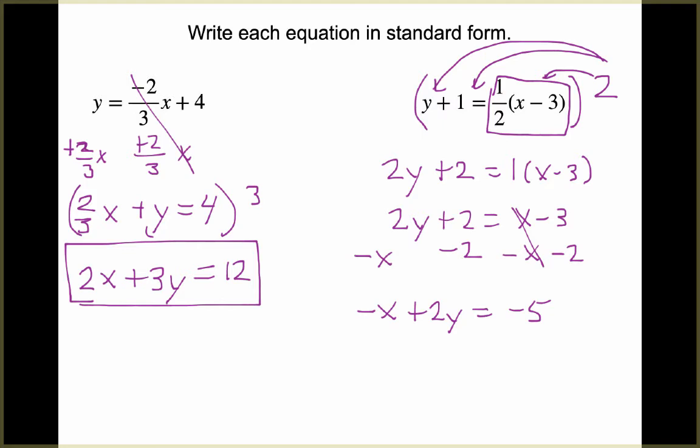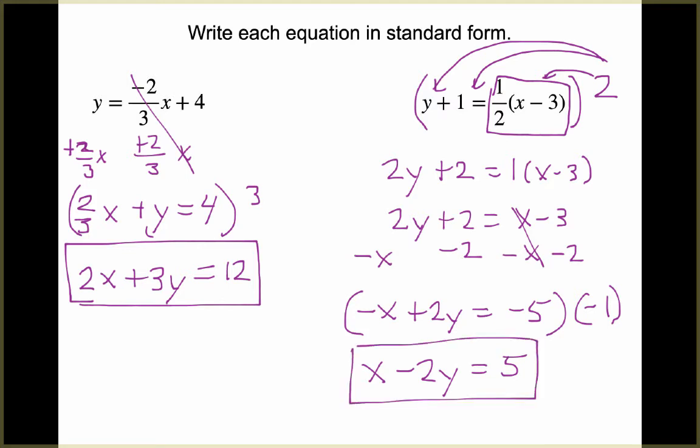We have gotten rid of the fractions, and we have our x and y on the same side, but our x has a negative coefficient, and it is our leading variable, and we cannot have a negative for our leading coefficient. So we have to multiply it, or you could divide, however you want to look at it, everything by negative 1. Negative 1 times negative x is a positive x. Negative 1 times 2y is a negative 2y. And negative 1 times negative 5 is a positive 5. We just flip all the signs. And this is my equation in standard form.